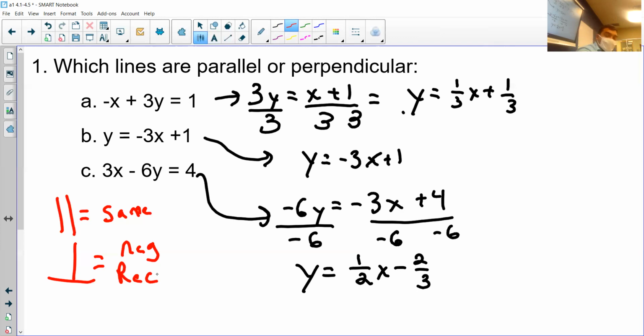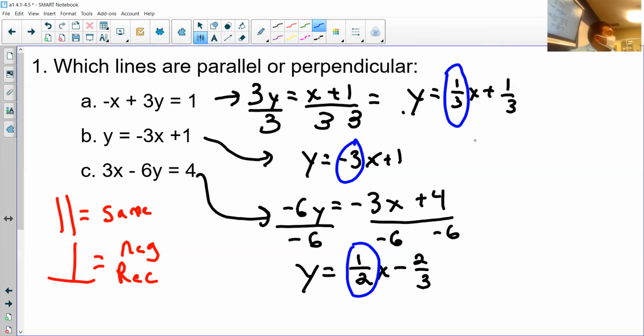The slope here is 1/3. The slope here is 1/2. I disagree with that. That's not a negative reciprocal to each other. Kira? A and B, the slope here is 1/3. The slope here is -3. That is a negative reciprocal.